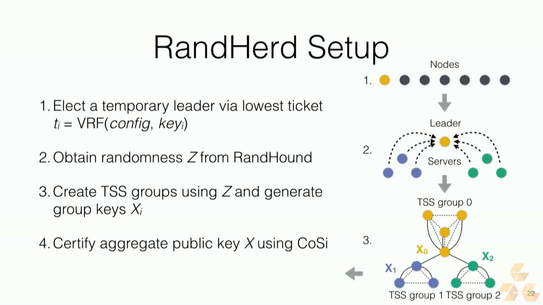The output of this process is that every group has a group key, here denoted by x0, x1, and x2. In the final step, we use collective signing, or CoSi, to certify the aggregate public key, which is just the sum or the multiplication of all the group keys, giving you this final key. That's basically a collective Schnorr signature.